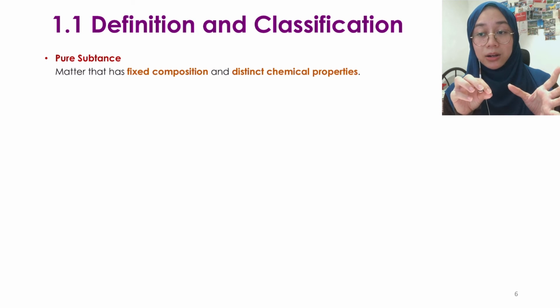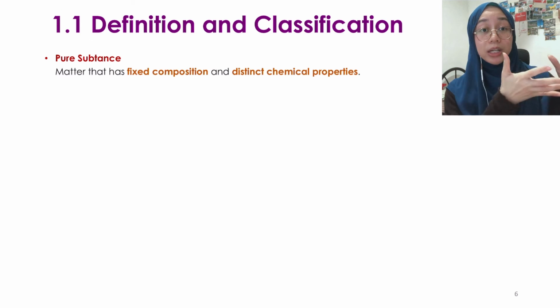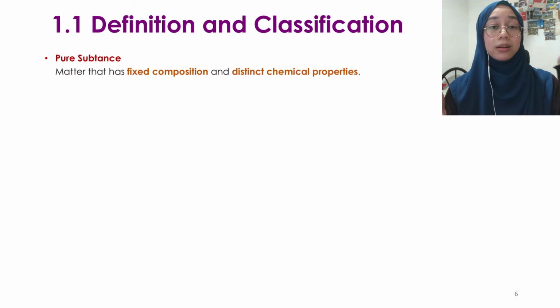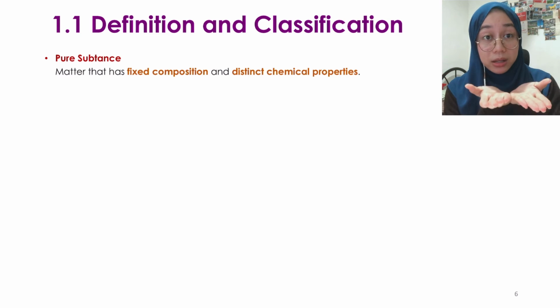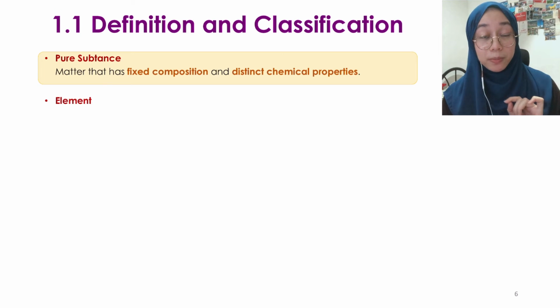Macam kacang hitam tu pula, dia dah ada composition yang lain. Itu kalau kacang hitam on its own, that is another pure substance. Beras on its own, that is another pure substance. However, if you put the beras and kacang hitam together, apa jadi? That one is what we call as, nanti kita tengok apa pula benda tu lah.